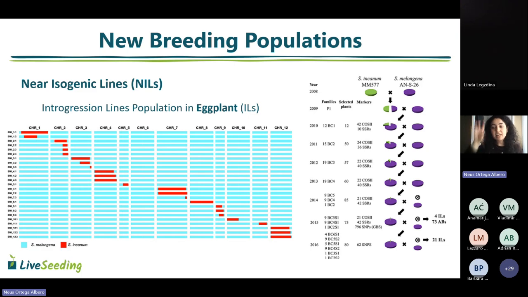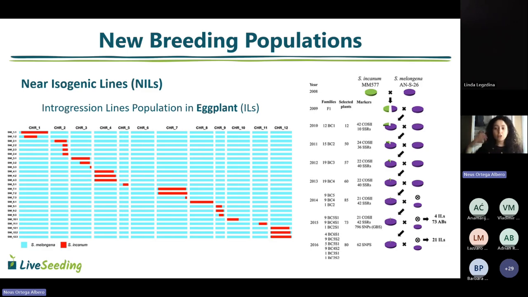Let's start again. I have a commercial variety which is not resistant to the virus, and let's say a traditional variety that is resistant to the virus. We do the first intercross, and then we backcross to the commercial variety, but selecting the individuals that have this resistance to the virus.